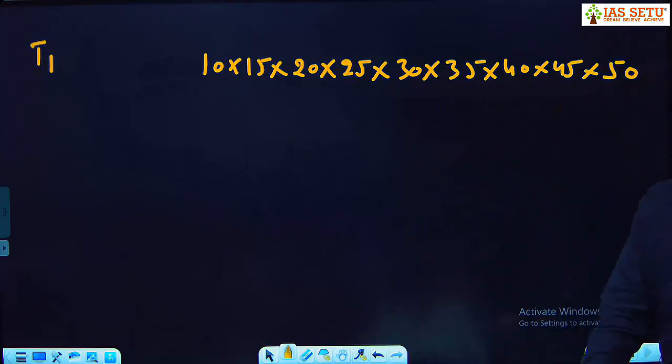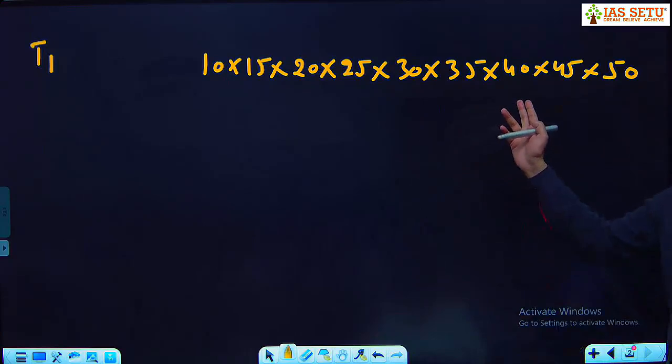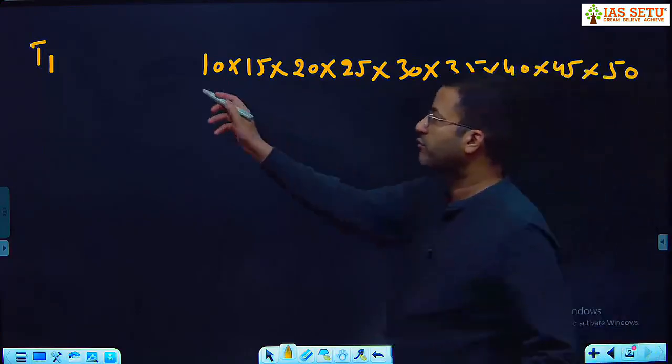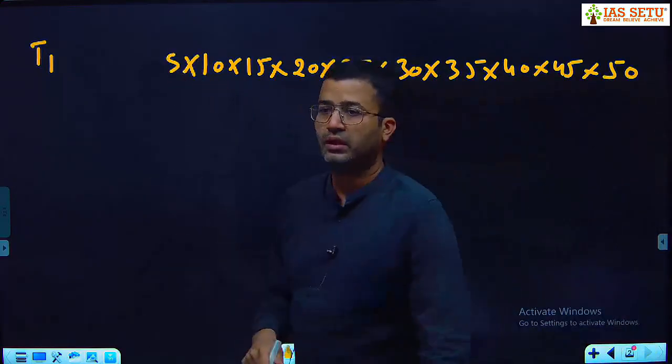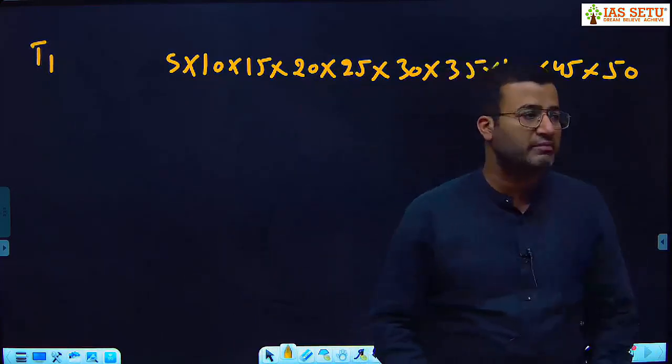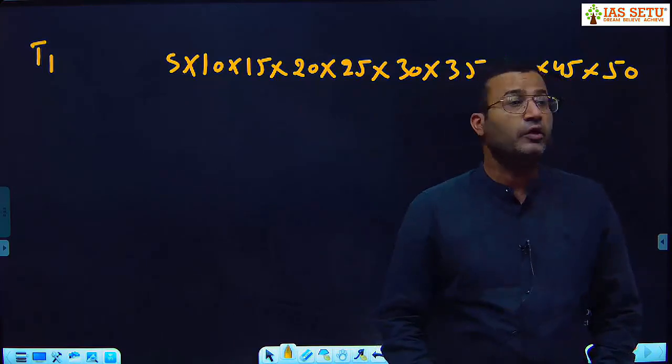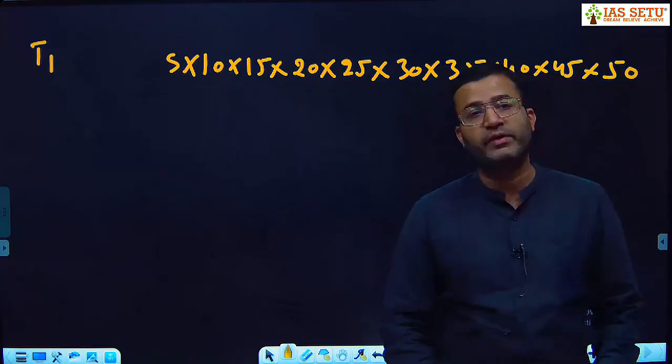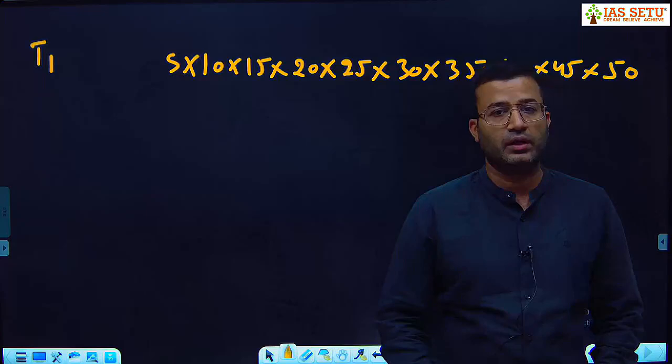So they ask how many zeros are there at the end. एक और ऐड कर लेता हूँ 5, like for example. If we multiply it, because multiplication is going to be time consuming, we can't multiply. Without multiplying it, we have to see how many zeros are there at the end.